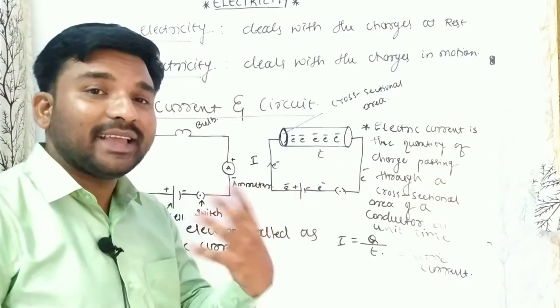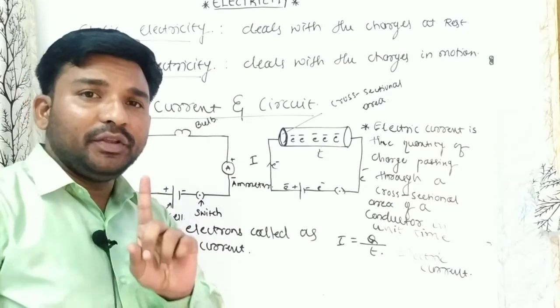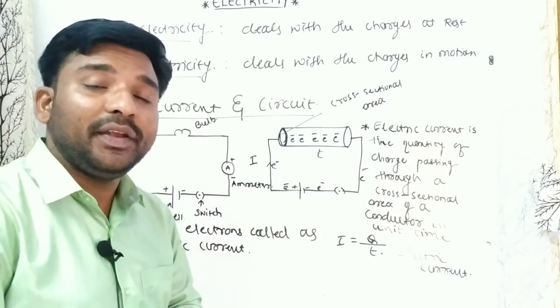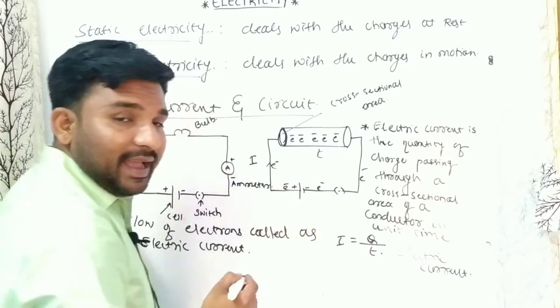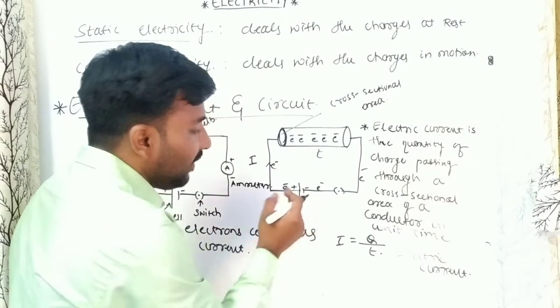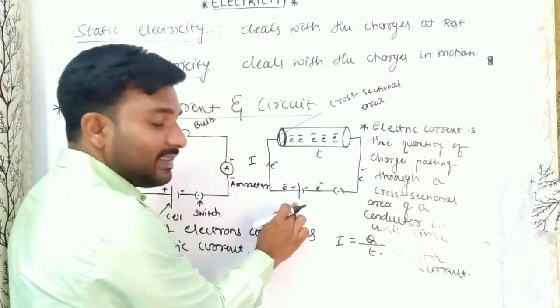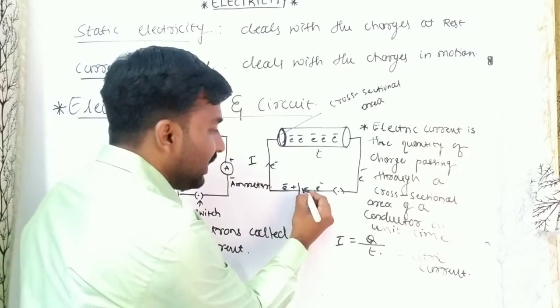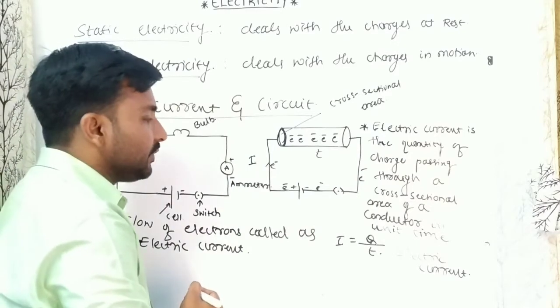So electrons are carrying the charges. And you know that electrons are negatively charged particles. These electrons will move from the negative terminal of this cell, they will be in motion like this.